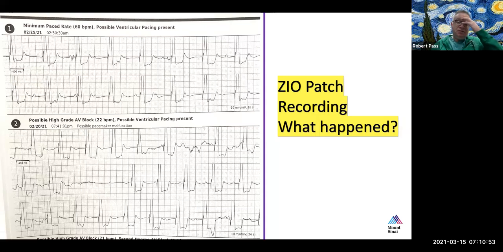Now, this particular patient had a very, very slow underlying ventricular escape rhythm. So you might have gotten away with it. In other words, you could have essentially made it almost equivalent to a VOO pacemaker, where it's pacing and not sensing at all.